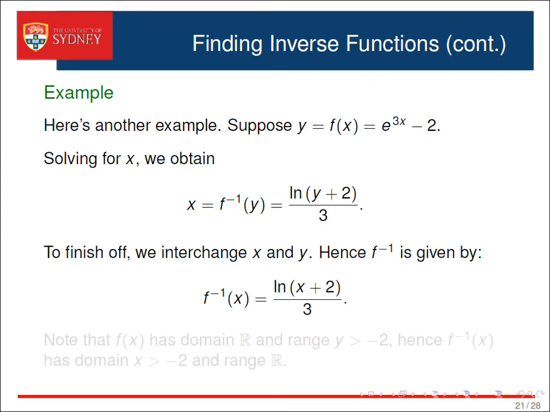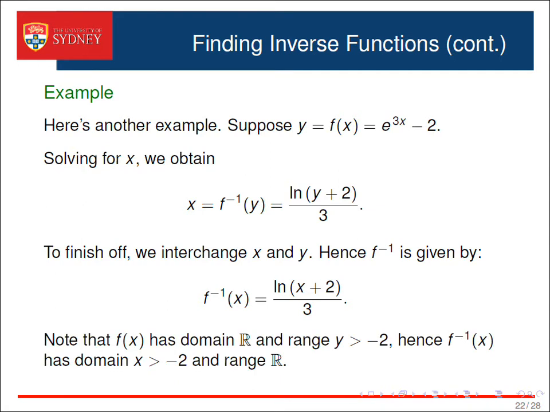To finish off, we interchange x and y, and so the inverse function is given by the following. Note that since f has domain R and range all real numbers greater than negative 2, f inverse therefore has domain all real numbers greater than negative 2 and range R.